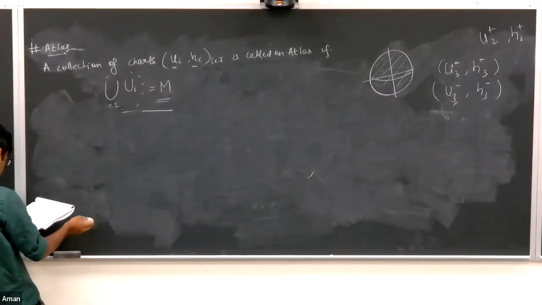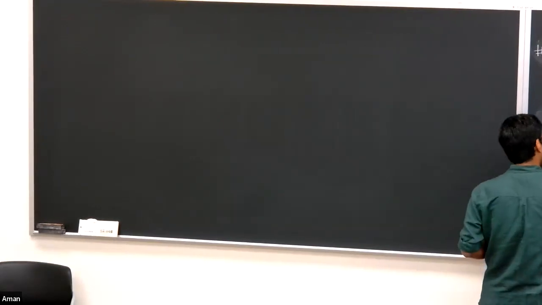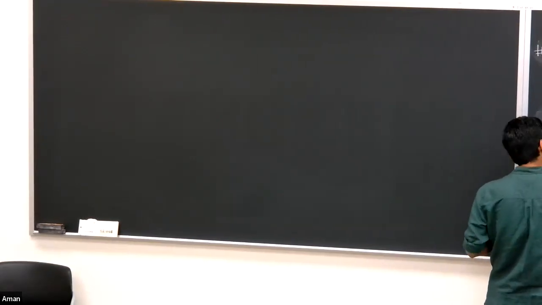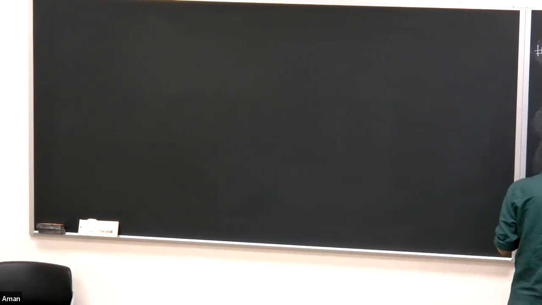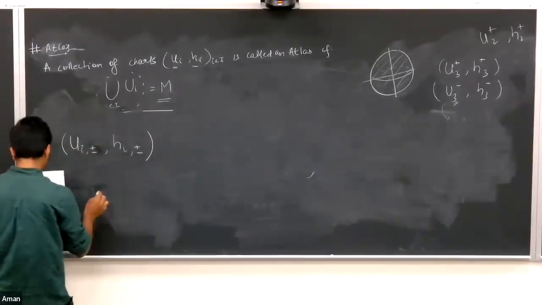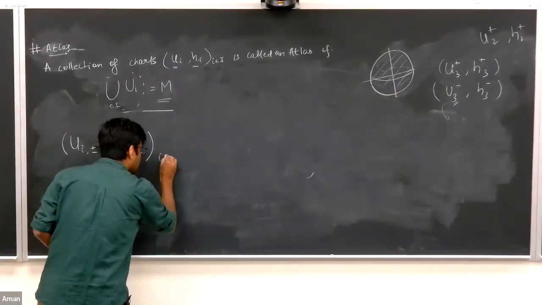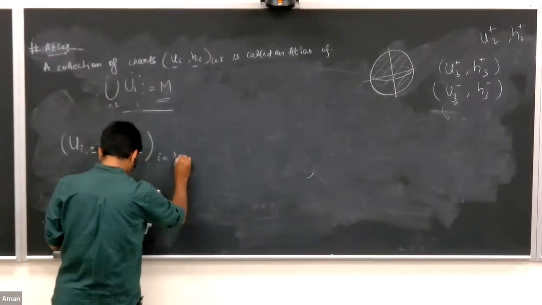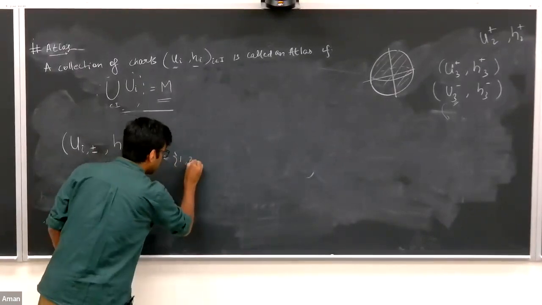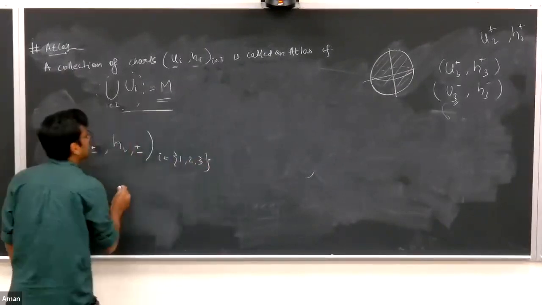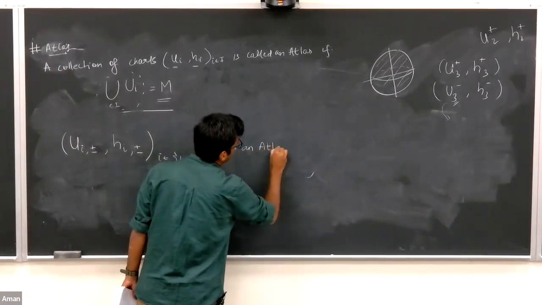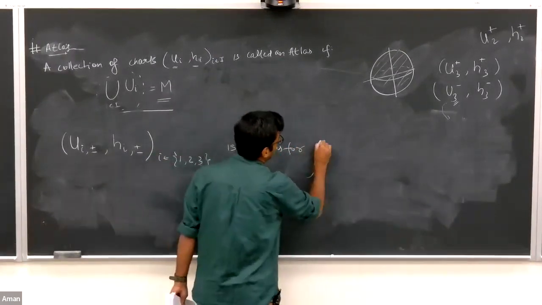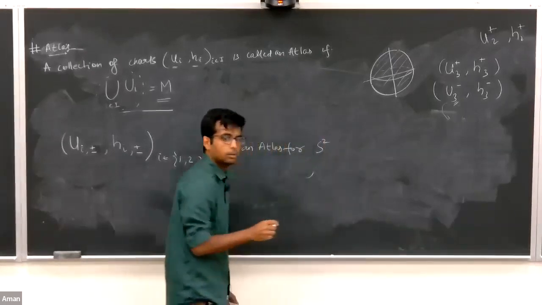Overall, for this space, the collection U_i plus, minus and H_i plus, minus, for all i an element of 1, 2, 3, gives you an atlas, right?